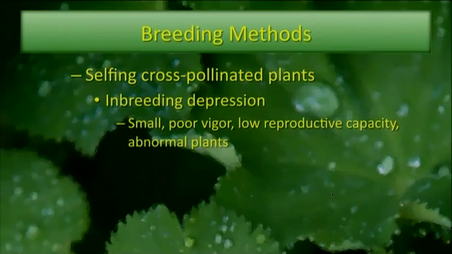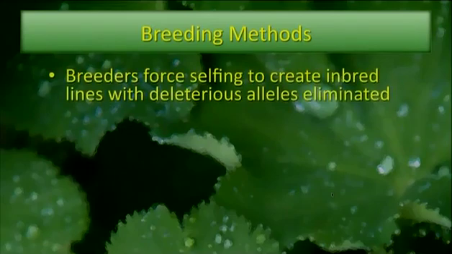You also sometimes get abnormal plants because of the expression of deleterious recessive alleles. That also happens in human populations when small groups interbreed over many generations. So breeders force selfing to create inbred lines with these bad alleles eliminated.